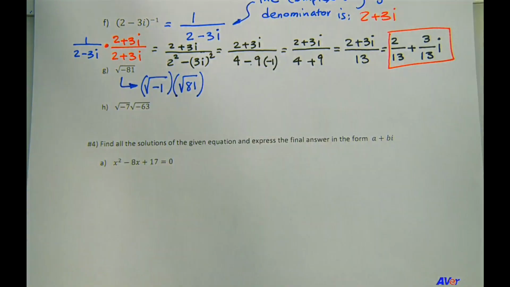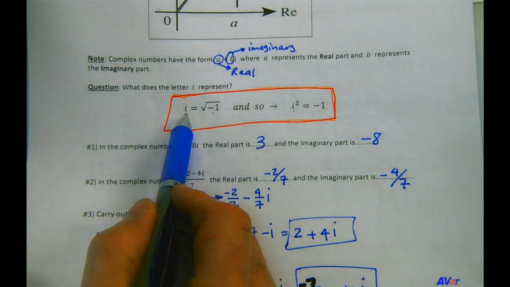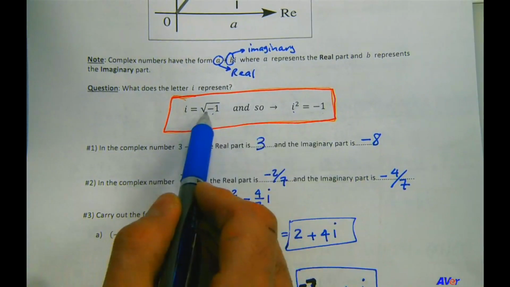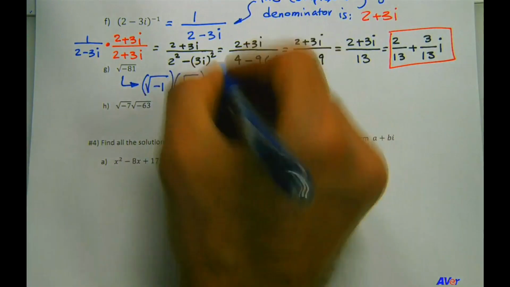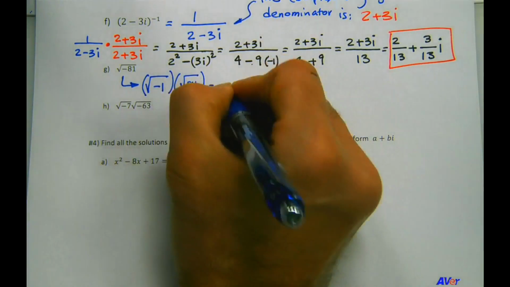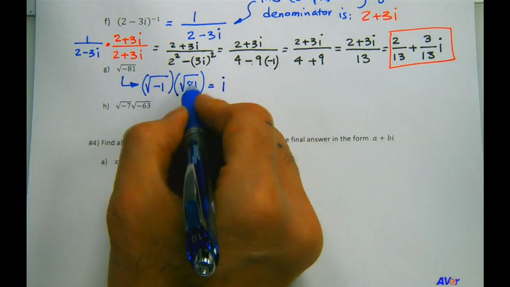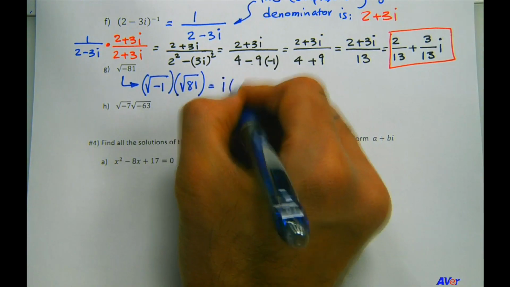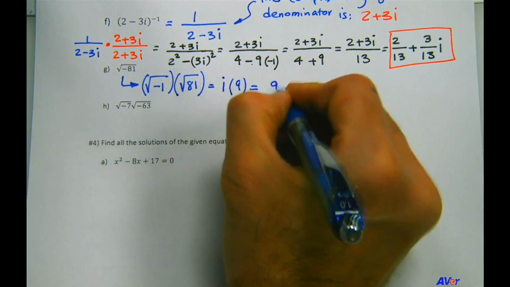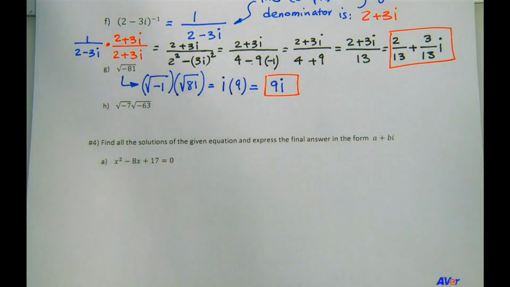So if I bring back, you know that we defined square root of negative 1 as i and i squared as negative 1, right? So we know square root of negative 1 is equal to i. So that is equal to i times square root of 81 is 9, right? Times 9, or 9i. Okay, so that's the answer for that.